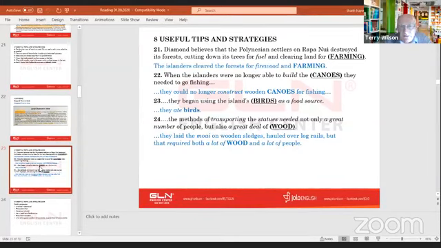And for number 24, the methods of transporting the statues needed not only a great number of people, but also a great deal of wood. So the answer to the gap is wood.